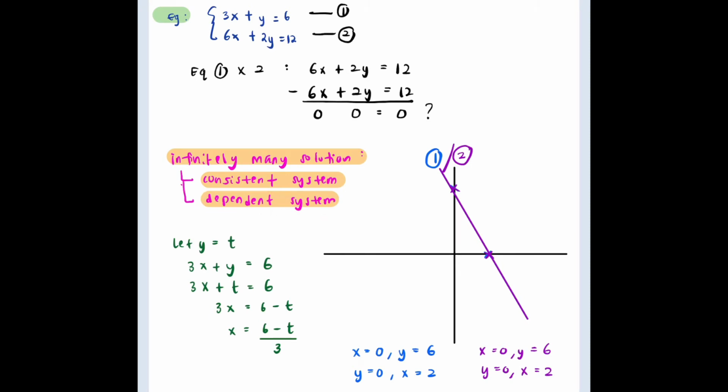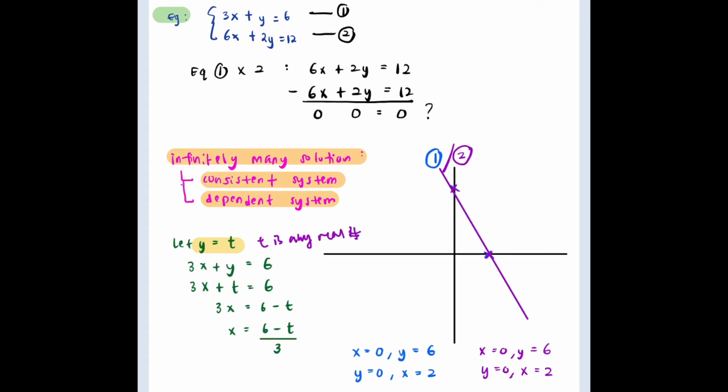So how can we solve this type of equation? We can just take one of the variables, let's say we take y, and write it as y equal to t, where t is any real number.